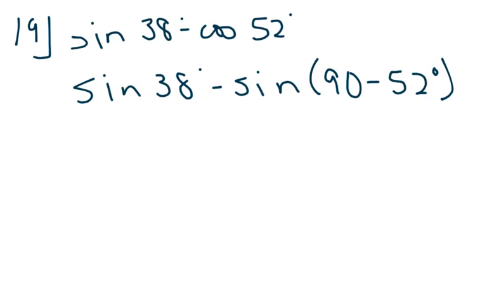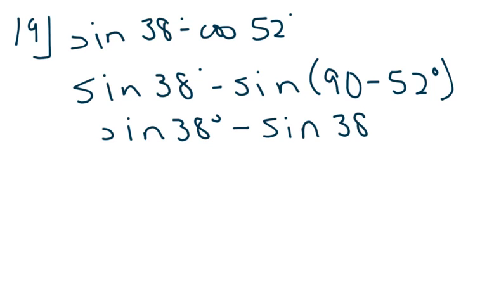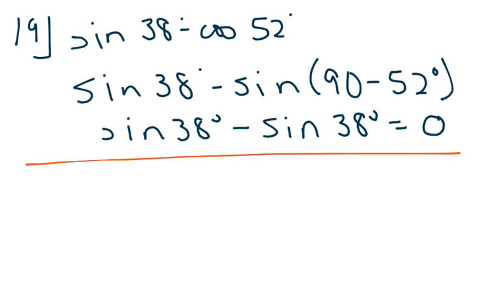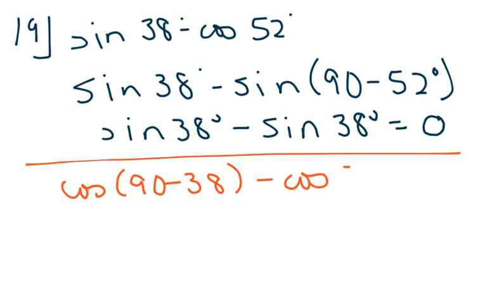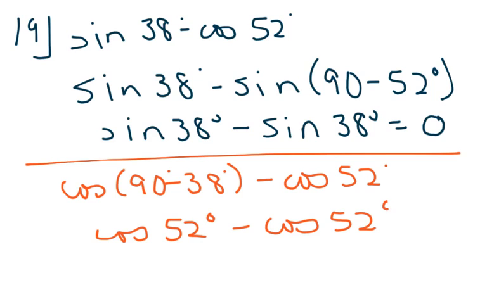So we will get sine of 38 degrees minus sine of 38 degrees, which equals 0. Or you could have done it this way. You could have said cosine of 90 minus 38 minus cosine of 52, and all these are degrees, is cosine of 52 degrees minus cosine of 52 degrees.